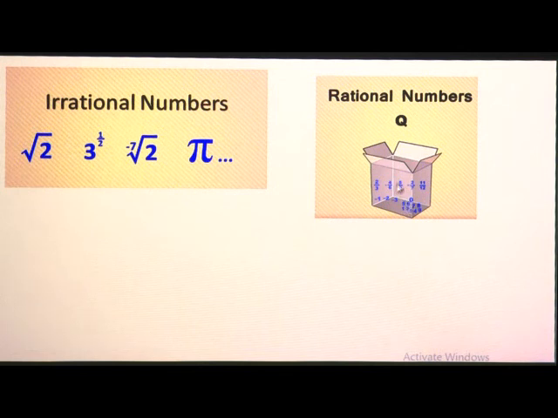So, a rational number includes all the integers, fractions, whole numbers as well as natural numbers. So, now you know the difference between irrational and rational numbers.